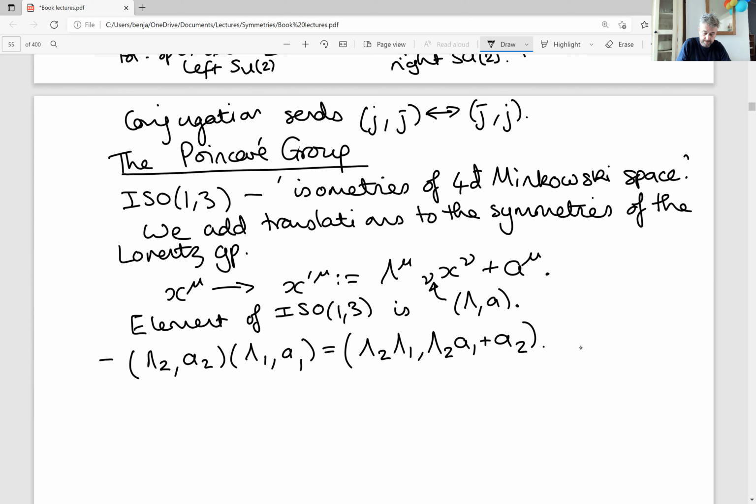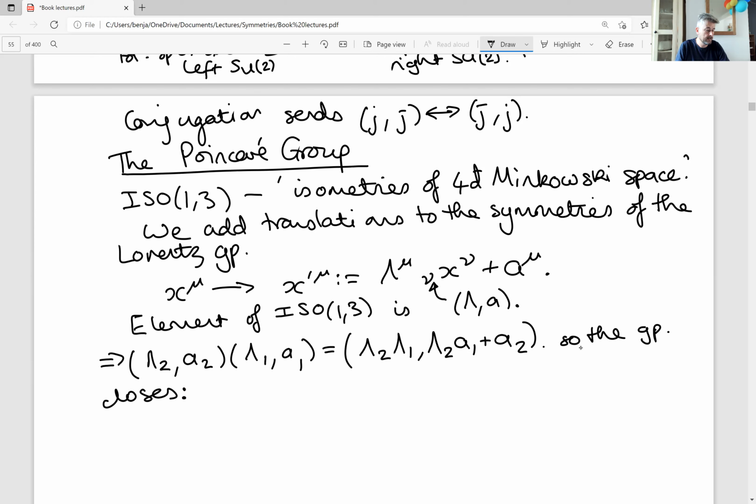So you can derive this just from the above transformation on x mu. So this form is also an element of the Poincare group. So the group closes under the group composition.